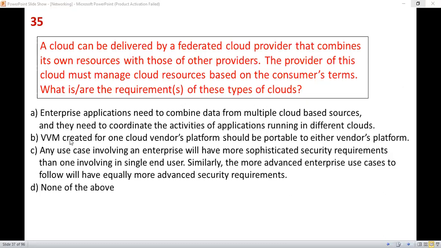So the option for this question will be B. We can go with the B option. Okay.